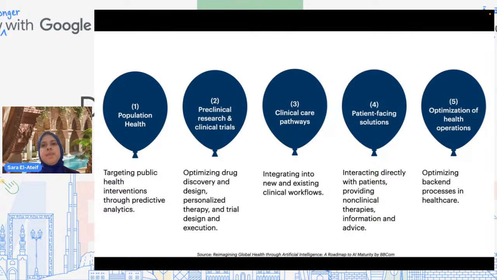So there are also patient-facing solutions, for example interacting directly with patients, providing non-clinical therapies, information, and advice. I'm sure you have heard of them and even seen them, in what we call chatbots, where you can have a conversation with a chatbot. It tries to understand your symptoms and tries to give you advice or tell you what you have.